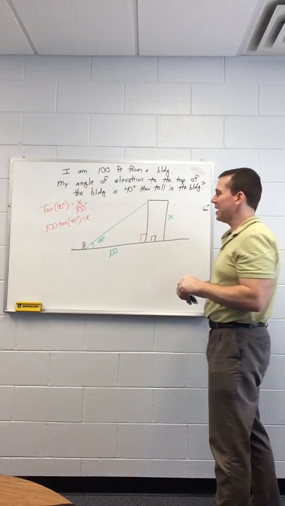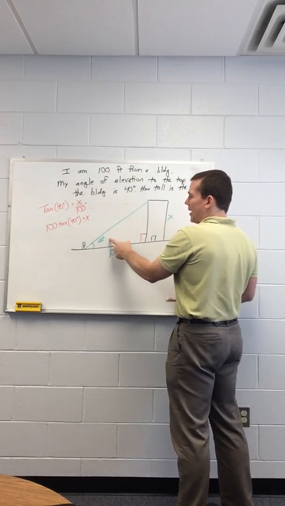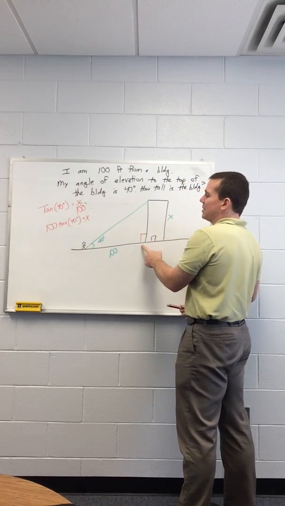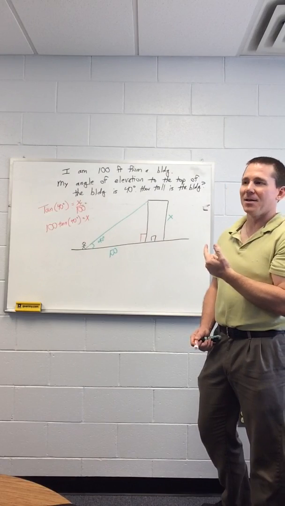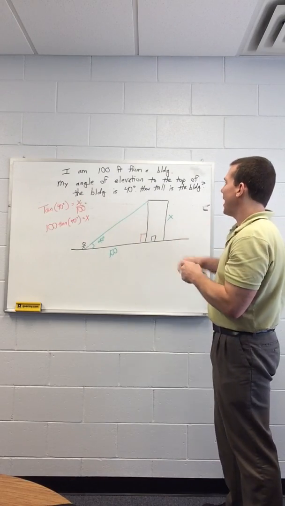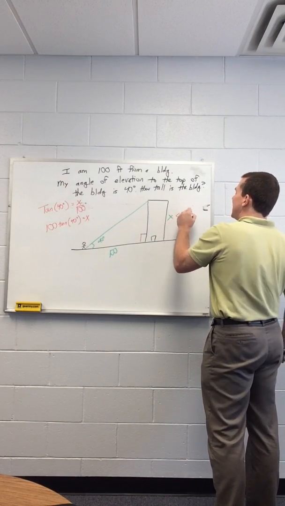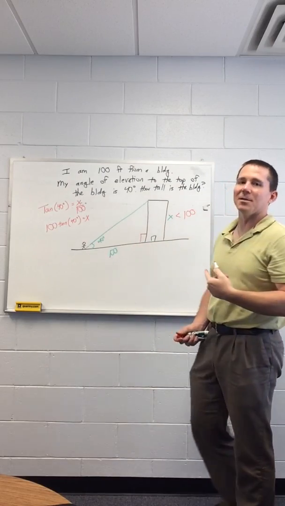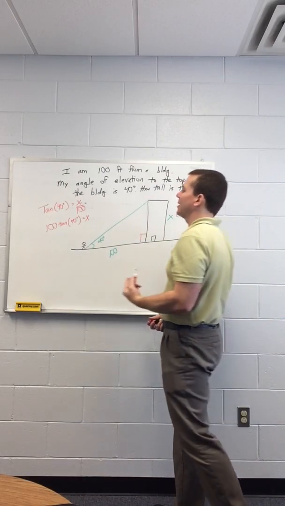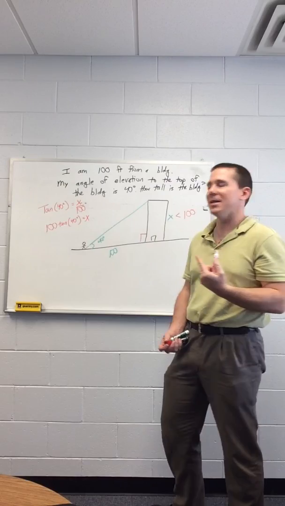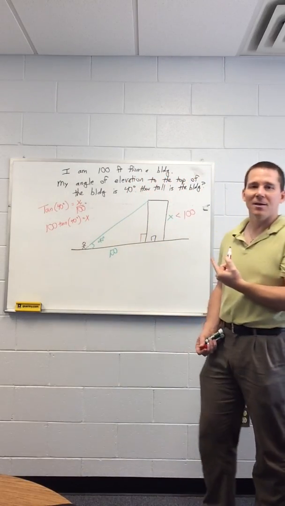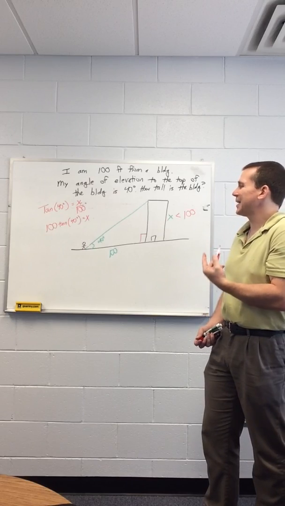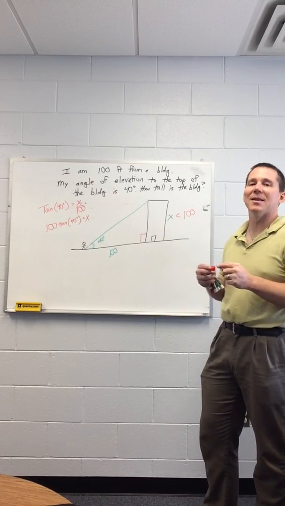Which means logically, if this is a 40-degree angle, then the vertical distance I'm looking at should be smaller than the horizontal distance. Whatever x is, it should be less than 100, because that's the horizontal. So now, plug it into your calculator, make sure your calculator is set to degrees, and whatever this is, it's got to be less than 100. You can use that as a check and a guide. Plug it in for yourself and see if you get less than 100.